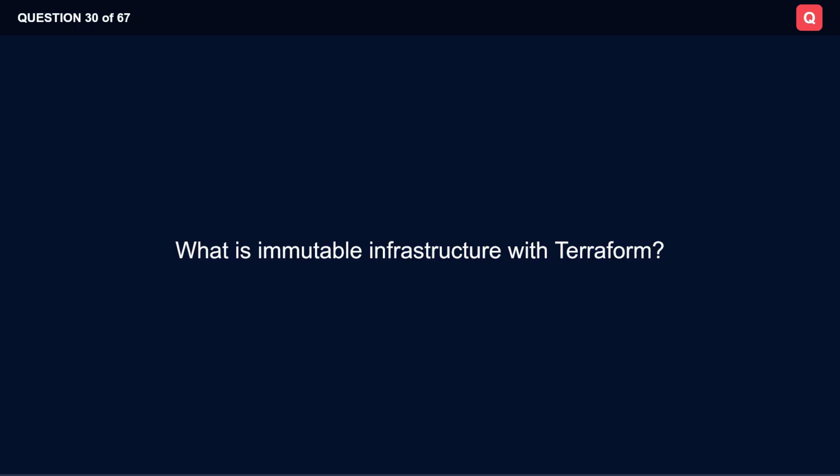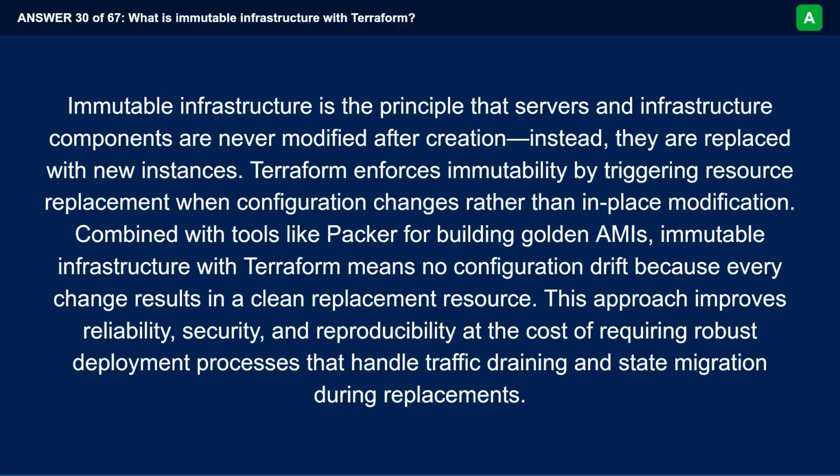What is immutable infrastructure with Terraform? Immutable infrastructure is the principle that servers and infrastructure components are never modified after creation. Instead, they are replaced with new instances. Terraform enforces immutability by triggering resource replacement when configuration changes rather than in-place modification.